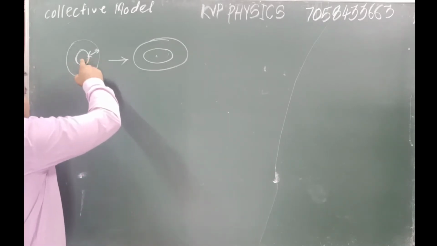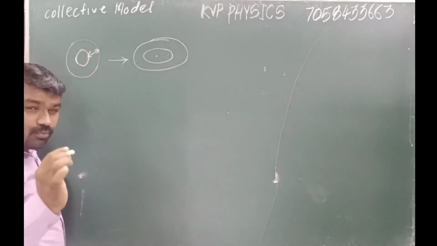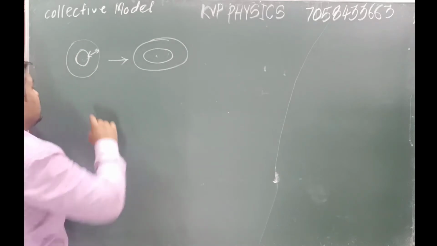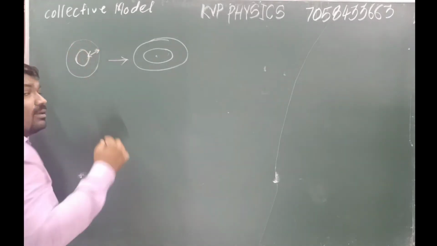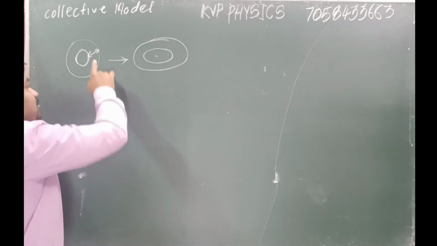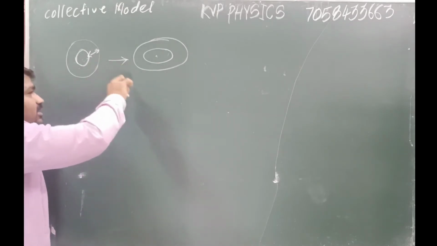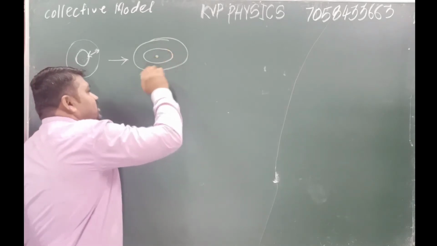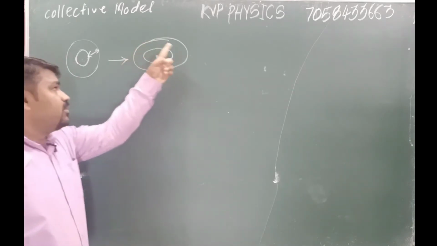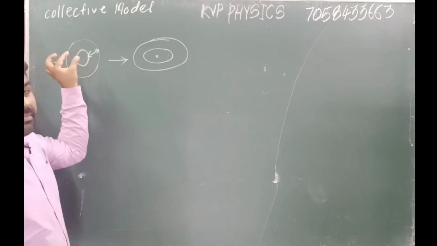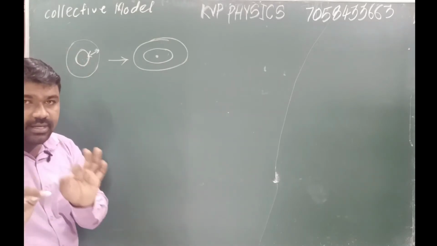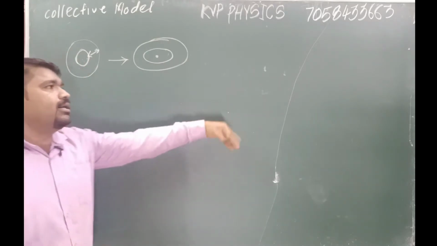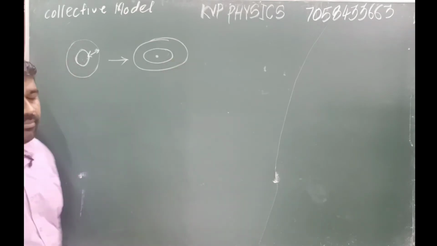At the center is the magic number core, which is the more stable nucleus, and outside are the loosely bonded odd nucleons. The coupling is very big and deforms the nucleus into a spheroid, and because of the odd nucleons, polarization takes place inside the nucleus. Because of this, the two drawbacks are overcome.